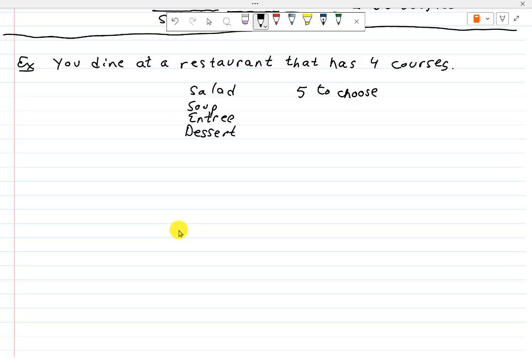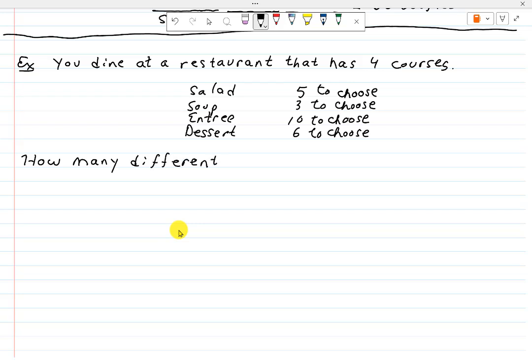And then soup, suppose we have 3 to choose. And then the entree, suppose there are 10 entrees available to you. And then finally, dessert, let's say there's 6 to choose from. How many different 4-course meals are there here?